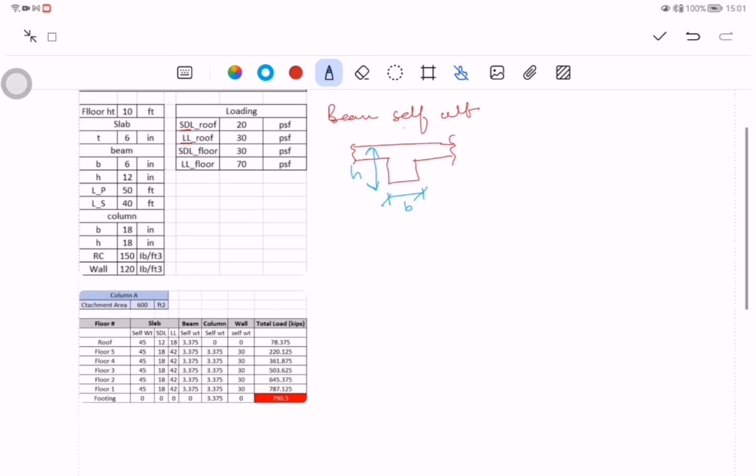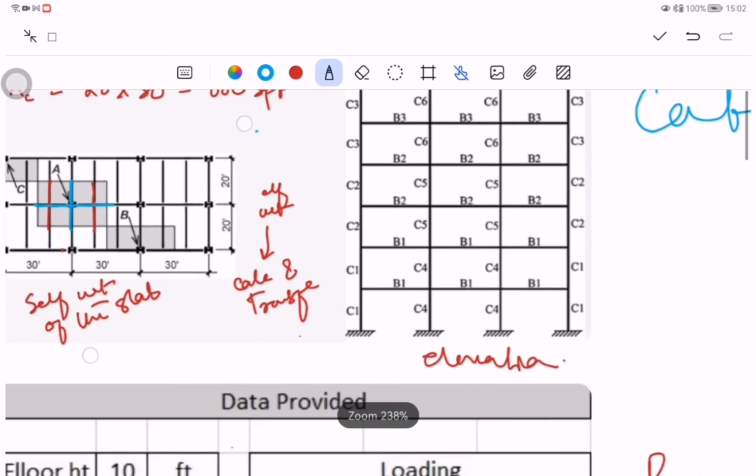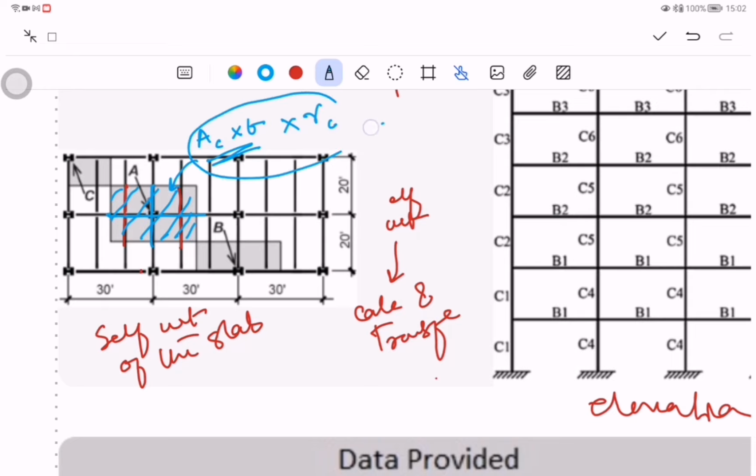So while calculating the self weight of the beam, if you consider this whole H, then you are considering the part of the slab which you have already taken while considering this catchment area, or what do I say, catchment volume, because you have multiplied this catchment area with the thickness and then you multiplied it with the density, so that you calculated the self weight of the slab, right?